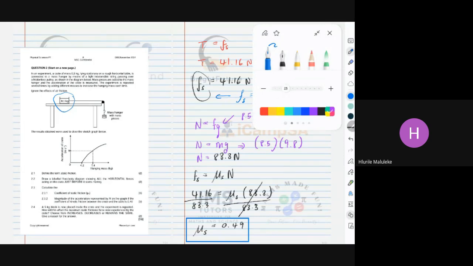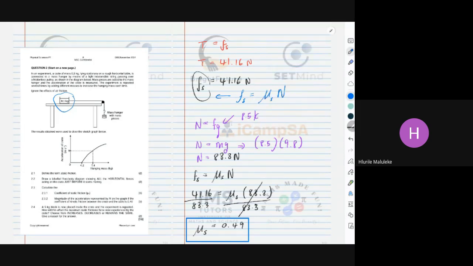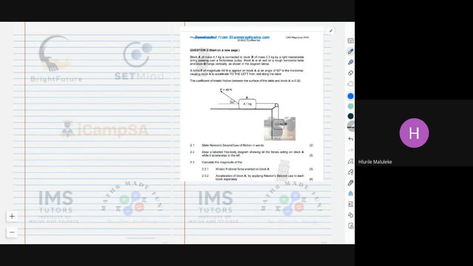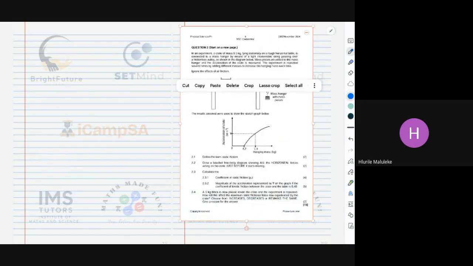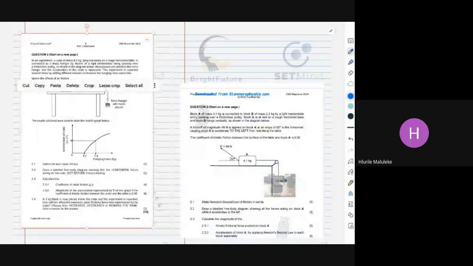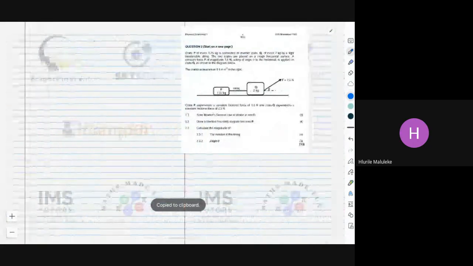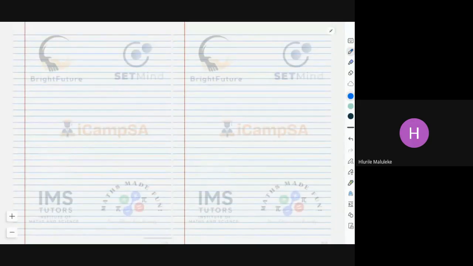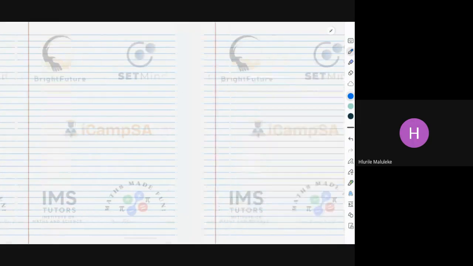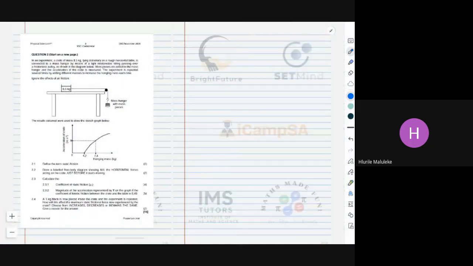Okay, let's move to another question. Paste the box here. Okay, so I need to remove this, paste it somewhere here. Okay, let's carry on.